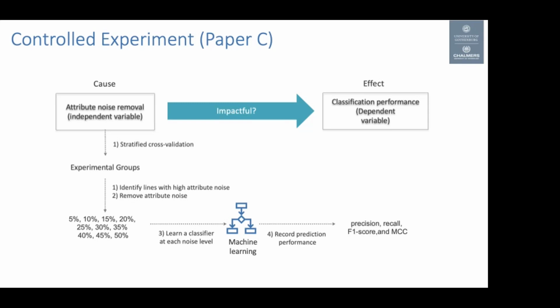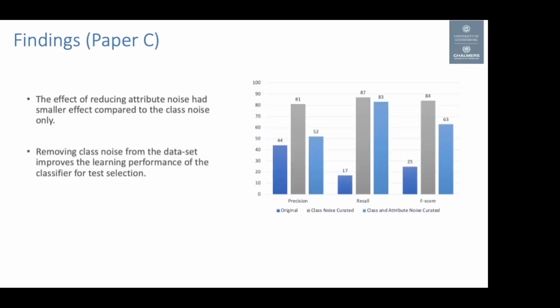So we recorded the performance measures: precision, recall, F score, and Matthews correlation coefficient. And finally, we statistically compared those measures after removing each fraction of attribute noise with the performance measures on the original data. So our findings showed that reducing class noise on its own is essential for improving the predictive performance.